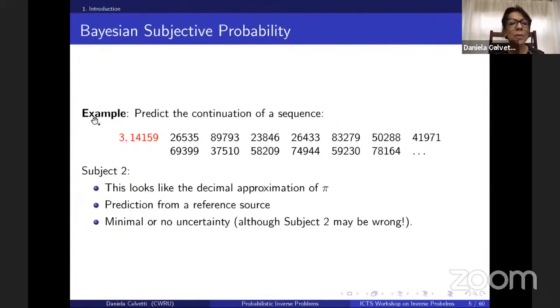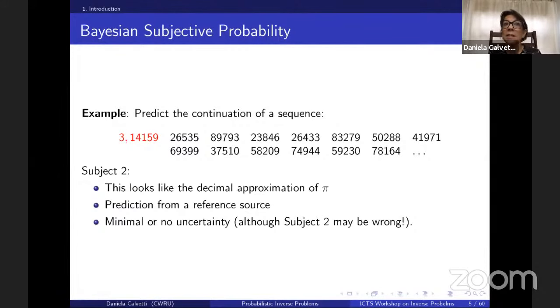The beginning of this sequence is 3.14159, that's what almost everyone remembers, 3.14 for sure. And the continuation of the sequence will then come from, for example, a textbook or a website.